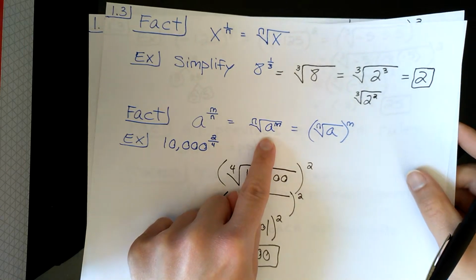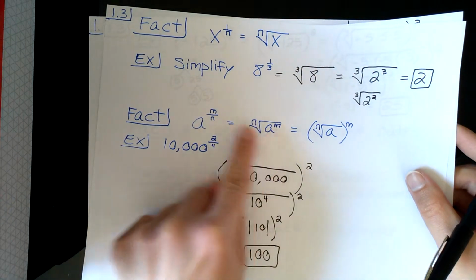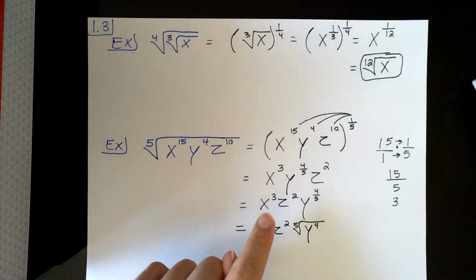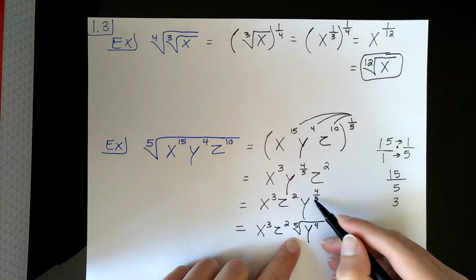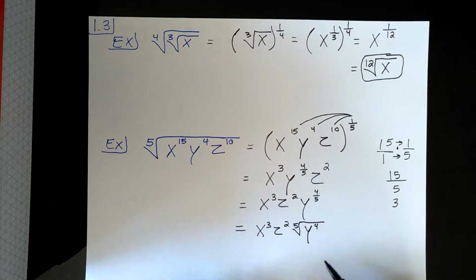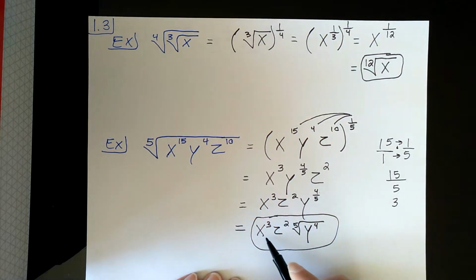When we couldn't simplify it, we said to just put the root with a to the numerator, the mth power. So that's exactly what we just did here. We could not simplify y to the 4/5. The fraction wasn't large enough, so we just put it back inside the radical, the fifth root of y to the 4th. And this is completely simplified. X cubed z squared times the fifth root of y to the 4th power.